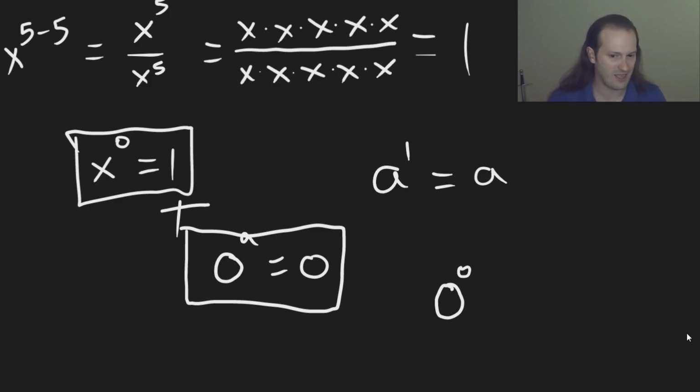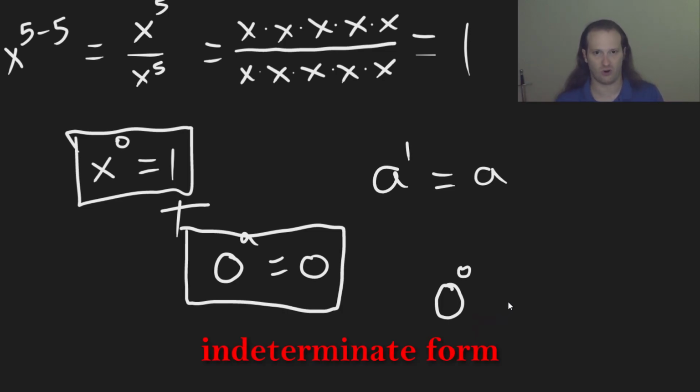Calculus would say that this is equal to 1. It's considered what we call in math an indeterminate form. But, well, actually just watch this video if you want to find out why. Matt Parker does a really good job of explaining, and I don't think I could do better than that.